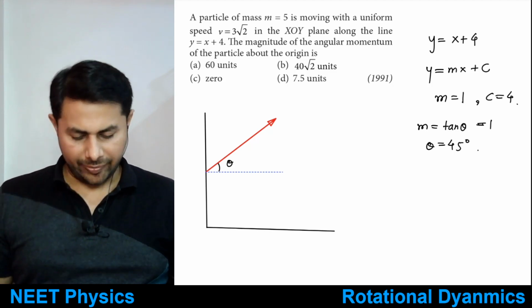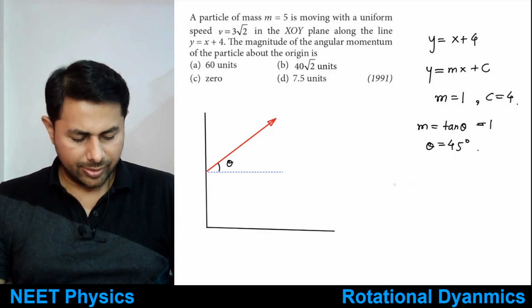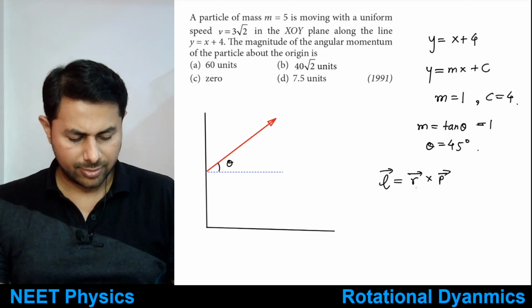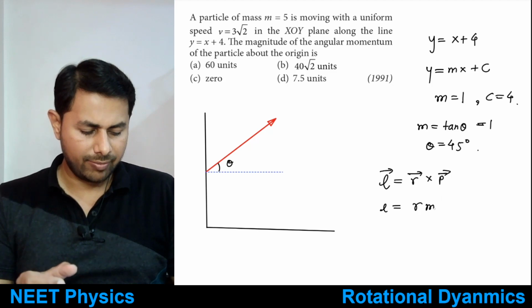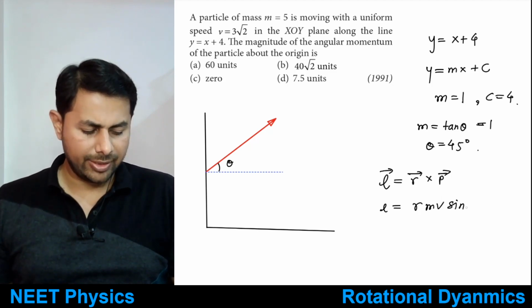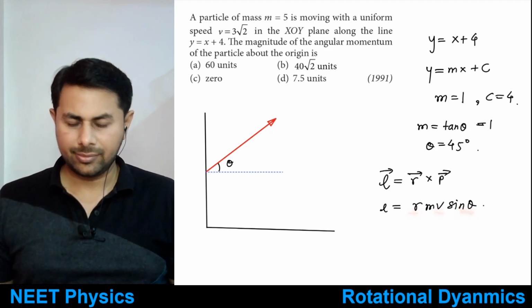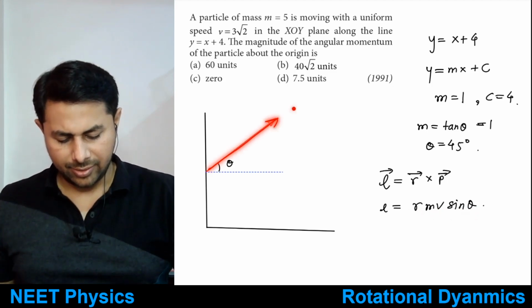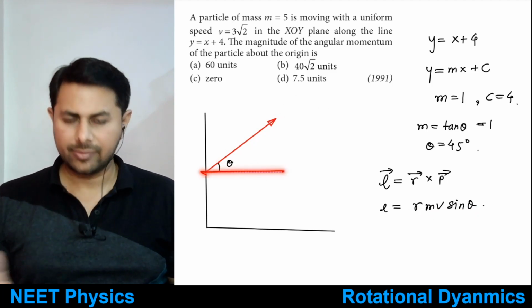Then we want the angular momentum. L is equal to r bar cross p bar. If you want its magnitude, L is equal to r times p, that is mass times velocity, multiplied by sine theta. So theta is the angle between r and v, and this line v bar is making an angle of theta with the x-axis.